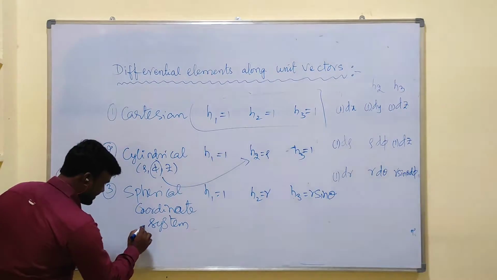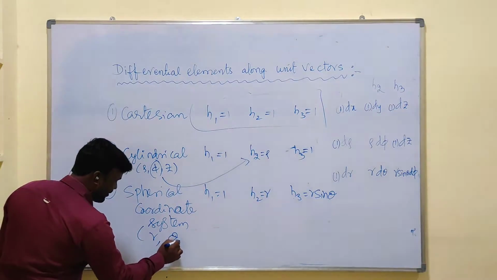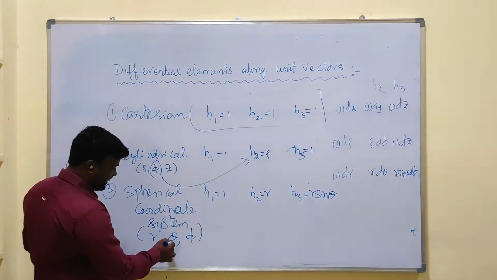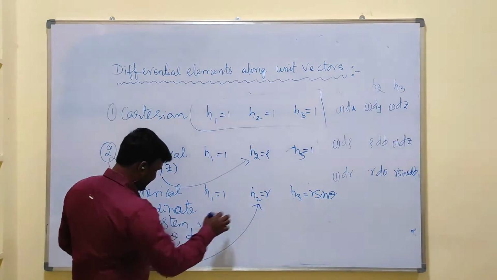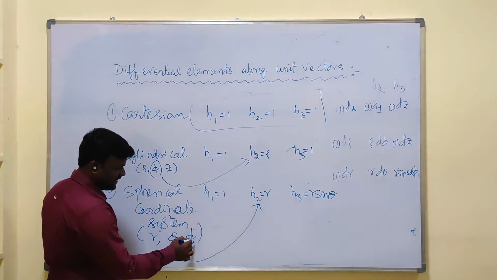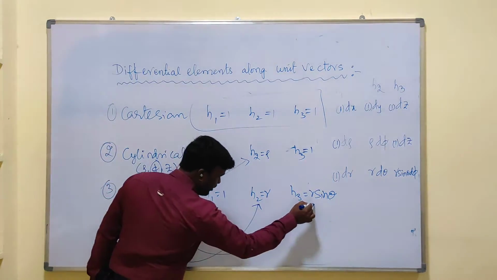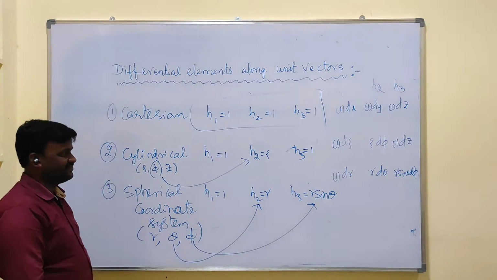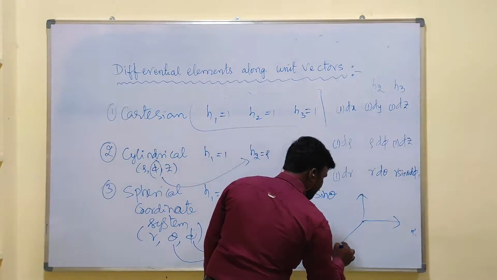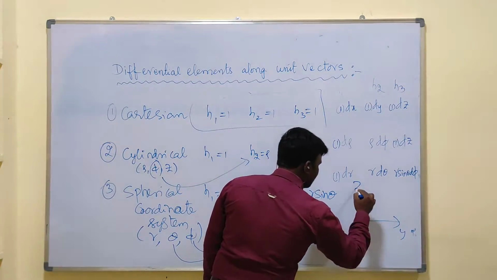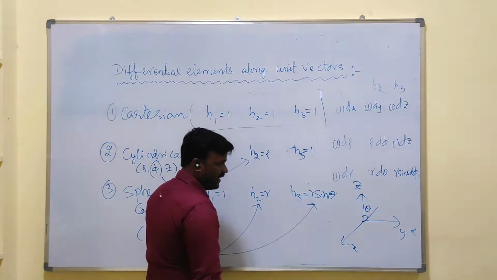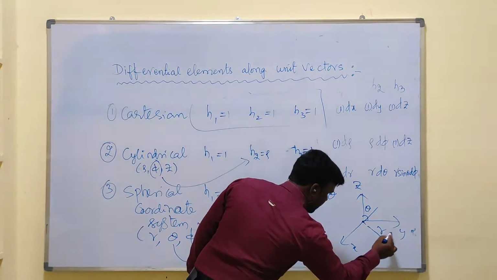And in the spherical coordinate system, we have r, theta, phi, where we have the angle theta. Theta is the angle made by r. That is the second one, that's why H2 is equal to r. And phi is the angle made by the projected component r sin theta. Already we have the diagram. This is x, this is y, this is z. Here is the radius of the sphere, theta, and the projected component r sin theta.